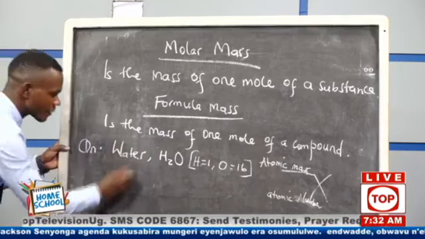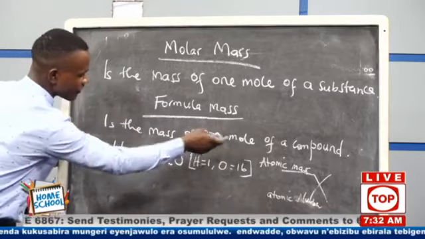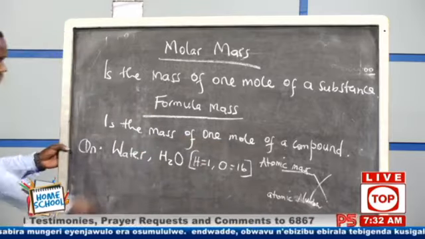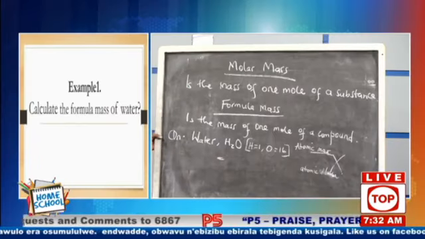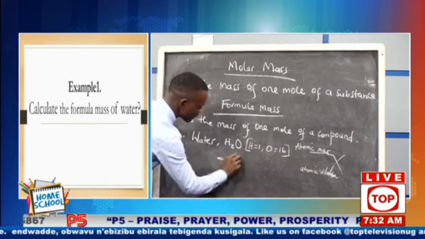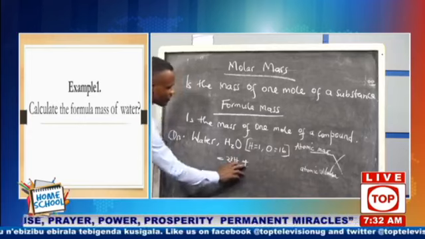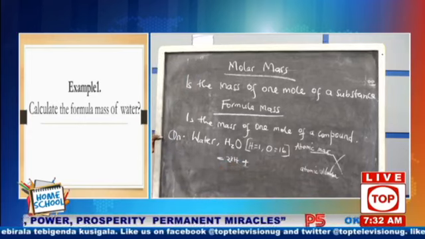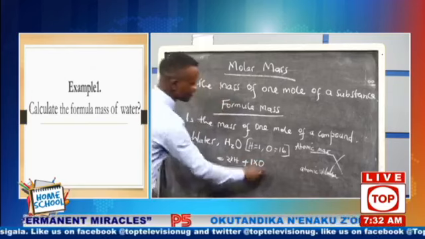Having identified that water has hydrogen and oxygen, we come here and ask how many atoms of hydrogen we have. We have 2 times the hydrogen atom, and 1 times the oxygen.